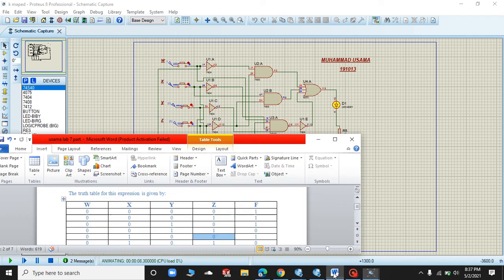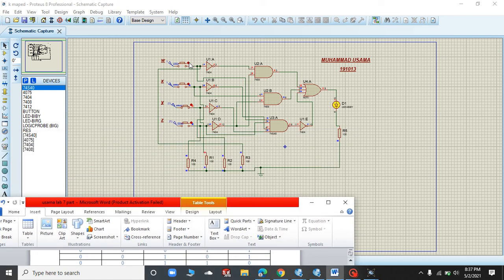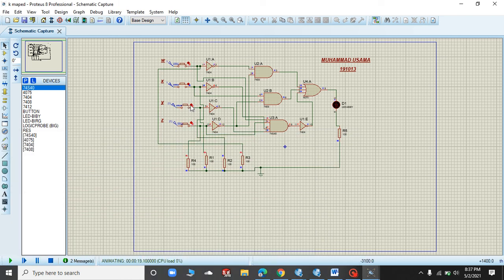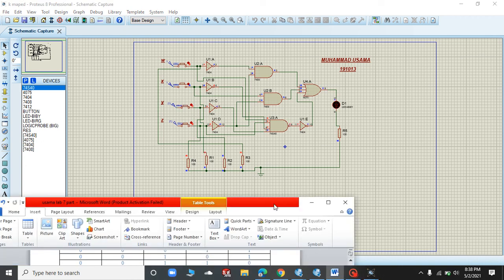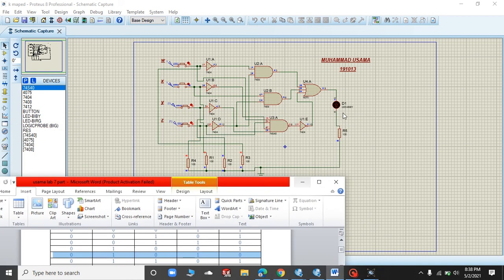In this particular case, when W is 0, X is 1 and Z is 1, I am getting a low output, which is shown over here in the circuit. In this way you can verify the Proteus implementation.